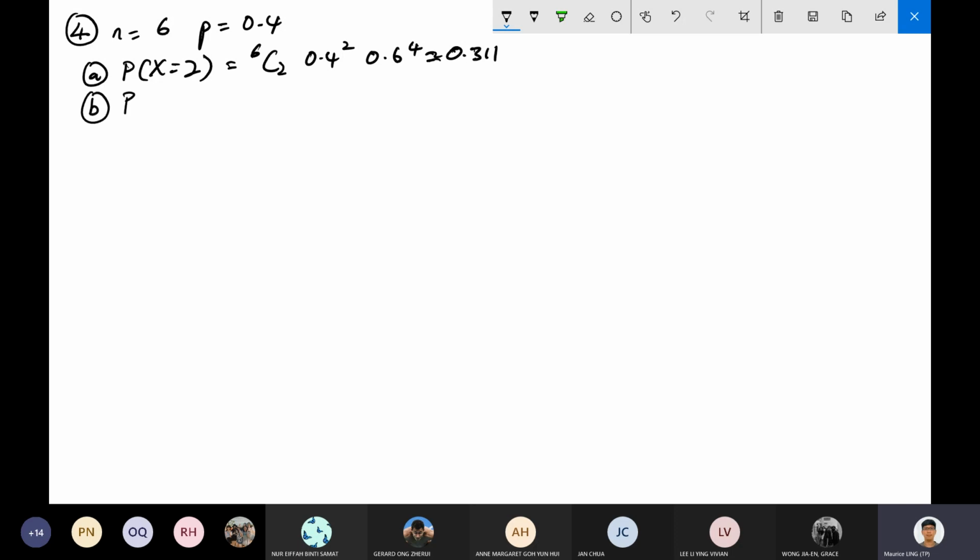B, at least 5 fruit cakes. Okay. So you need 5 and 6. At least 5 fruit cakes means there are either 5 or 6 fruit cakes. Okay, so you work it out. Similarly, you get 0.04096, about 4.1% chance.